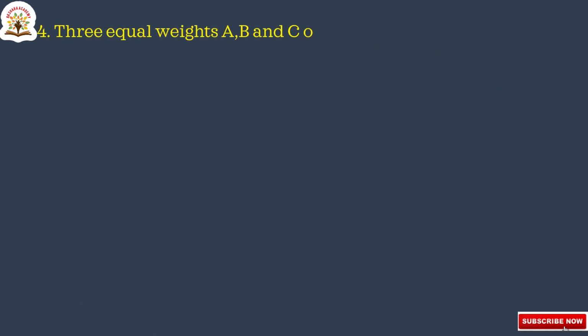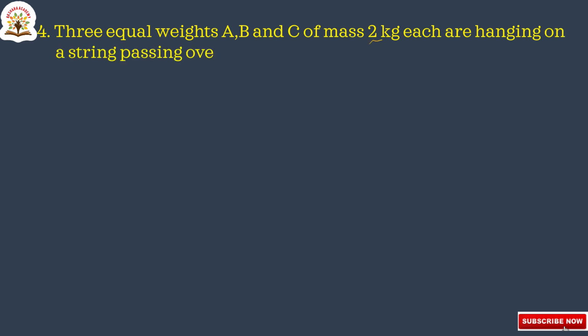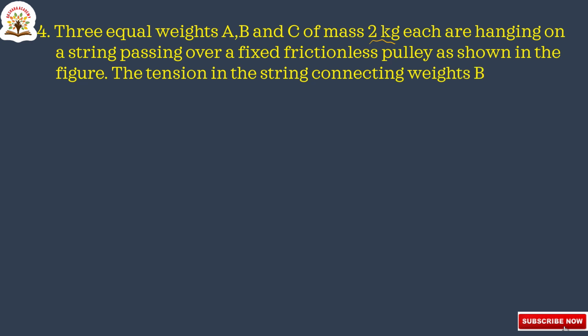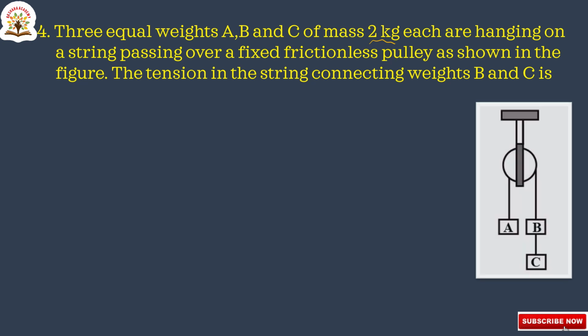3 equal weights A, B and C of mass 2 kilogram each are hanging on a string passing over a fixed frictionless pulley as shown in the figure. The tension in the string connected weights B and C is? Here in this question we have to calculate tension in the string connected weights B and C. See the figure.